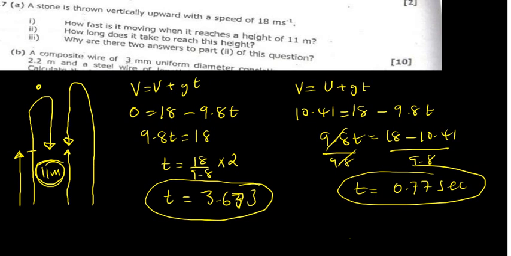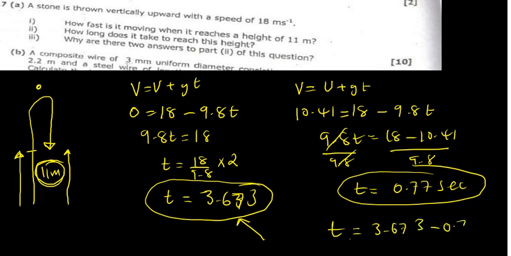Well, if we add the time it will take for this motion, and the time it will take for this motion, it is going to give us the total time of flight, and the total time of flight is what we've calculated here. And therefore, the other time is going to be 3.673 minus 0.77, and that is going to give us 2.90. If we check and compare with the answers that we found with the other formula, these are all the same.